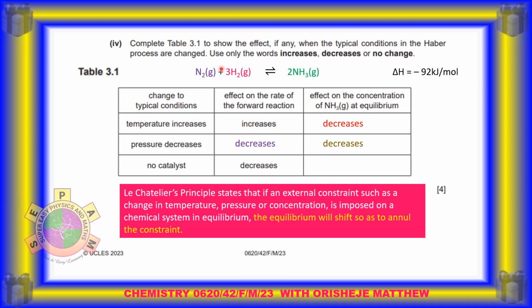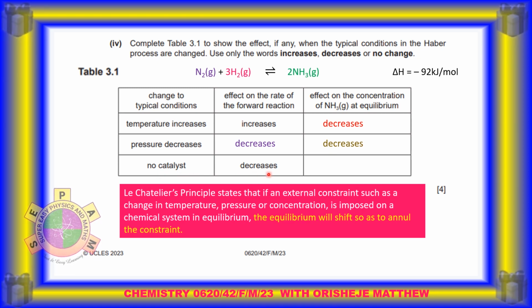But if you increase the pressure of the system, then more of this will be produced. More ammonia will be produced under higher pressure. But under lower pressure, ammonia is going to decompose, dissociate to produce this. Now, no catalyst.